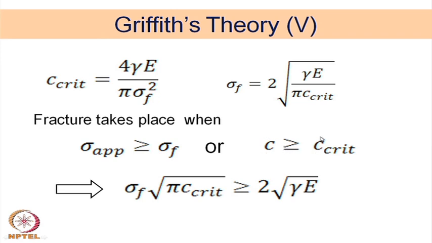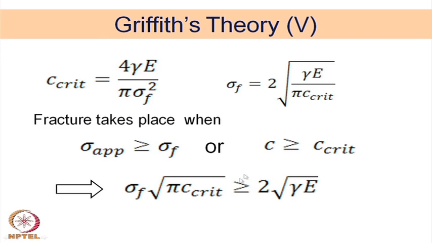As I have said, any crack greater than the critical crack length will automatically grow, that does not need any increasing stress. These two things give you a parameter which is sigma f root over pi c critical.